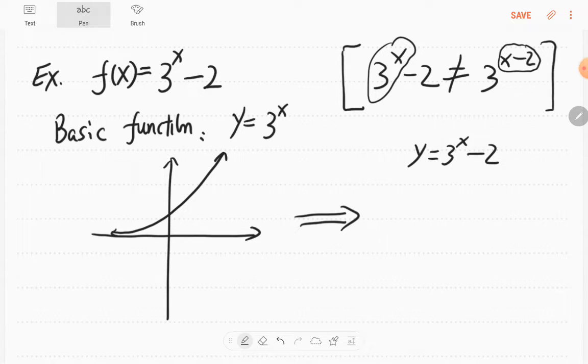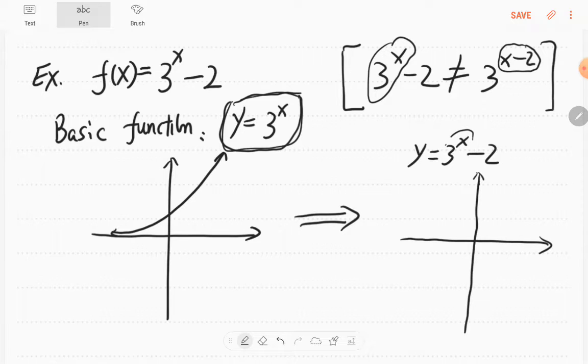Because we subtract 2 on the whole value, we subtract 2 from the whole function here, right? So we need to move down 2 units. This is the (0, 1) point, and if you move down 2 units, it becomes 1 minus 2, which is -1.